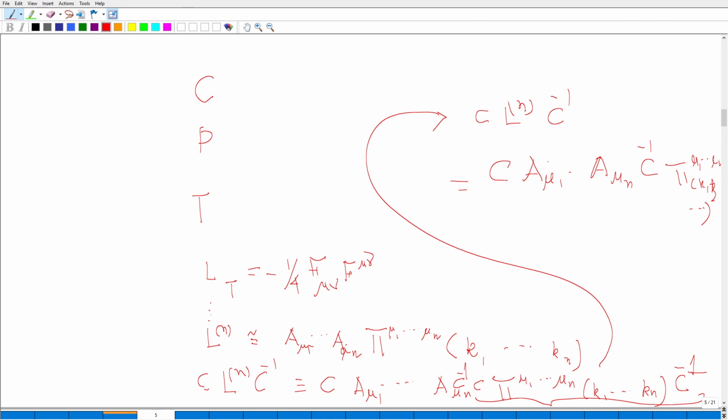However, we can insert C C inverse in between, C inverse C, and it continues, and you see that for every A mu with a prefix or a suffix, we pick up a factor of minus 1.